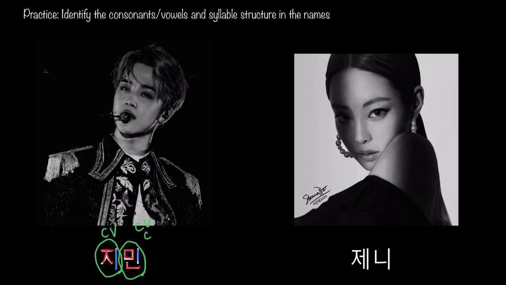And then what about this? We have a consonant here, vowel. So this is a consonant-vowel syllable structure. And then we have a consonant here, followed by a vowel. So this is another simple consonant-vowel structure. So we have Jimin and Jenny here.